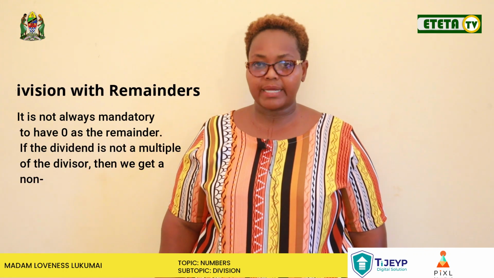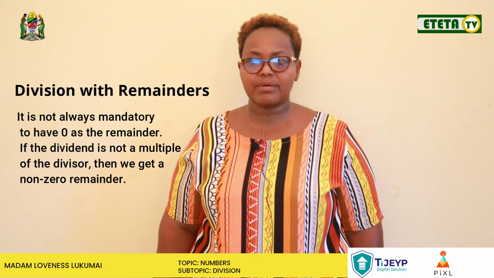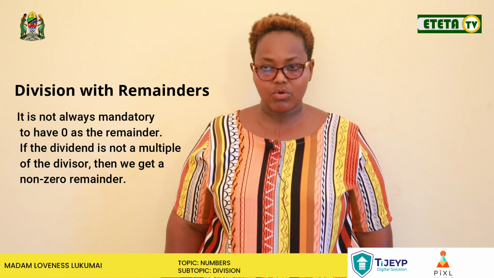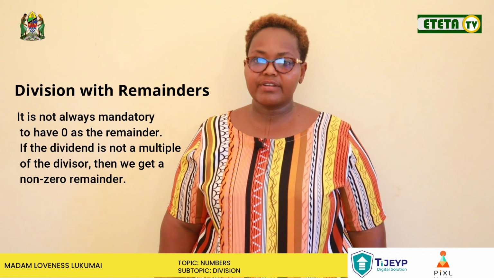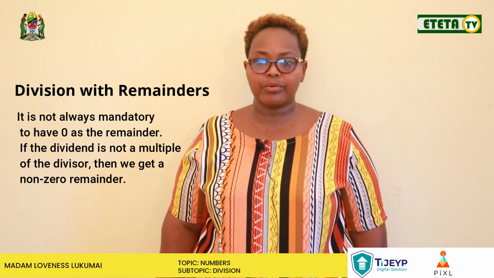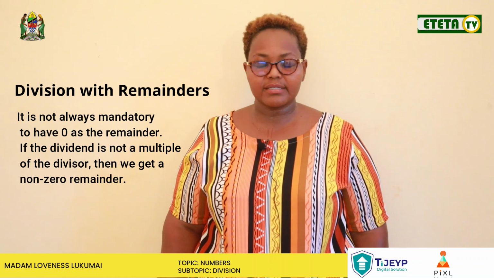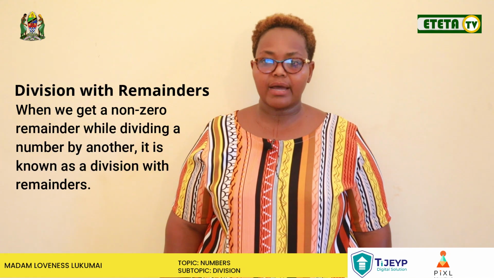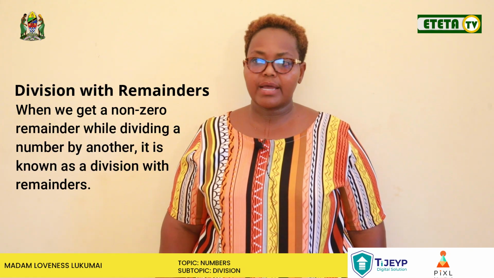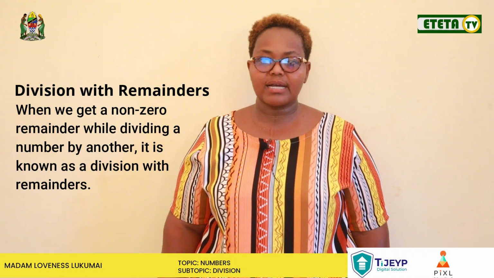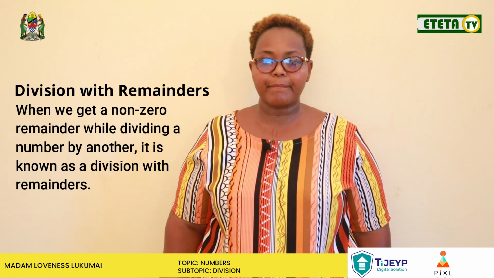Now let us discuss division with remainder. It's not always the case that the remainder is 0. If the dividend is not a multiple of the divisor, then we get a non-zero remainder. When we get a non-zero remainder while dividing one number by another, it is known as division with remainder.